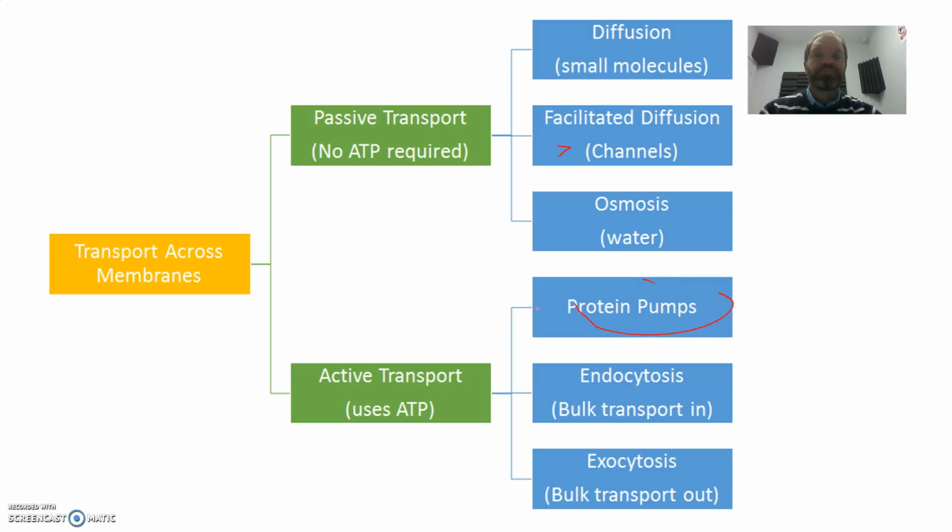If you're going against the concentration gradient, or like I said, for an ion, it's not going to go through the membrane because of its charge, you need to have pumps, and they require ATP, and they're made of protein. For really big things, so if you're taking macromolecules into the cell or anything that's too big, then you're going to need what's called bulk transport, endocytosis and exocytosis, going into or out of the cell.